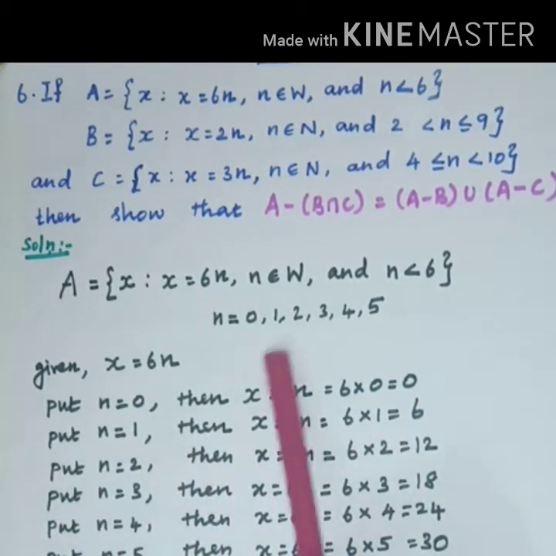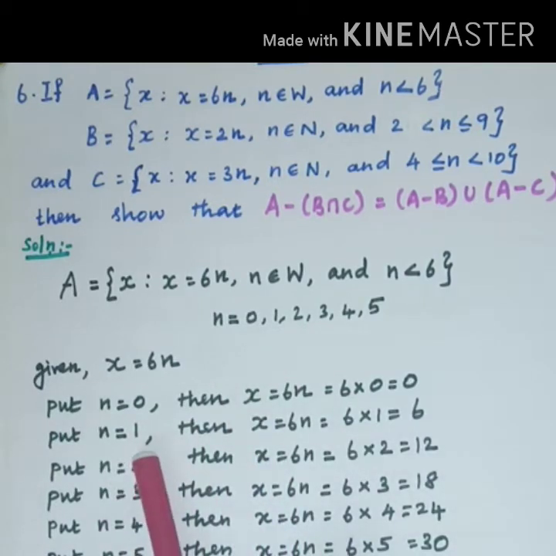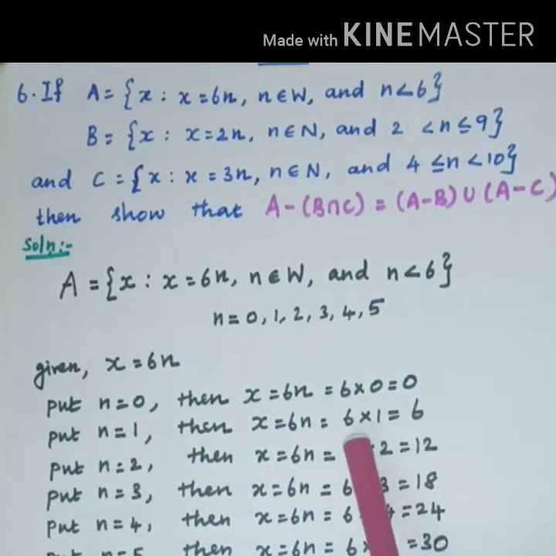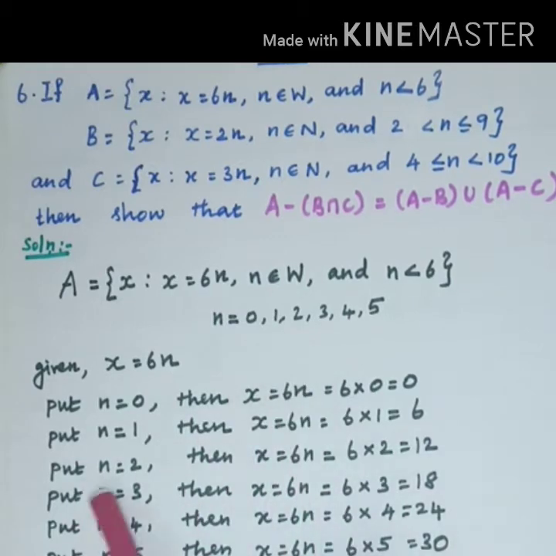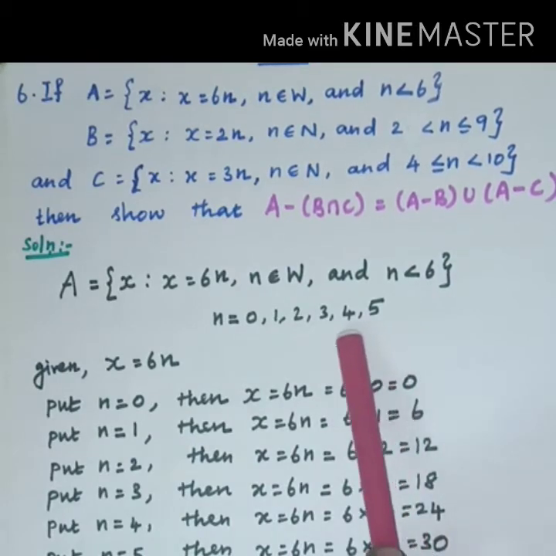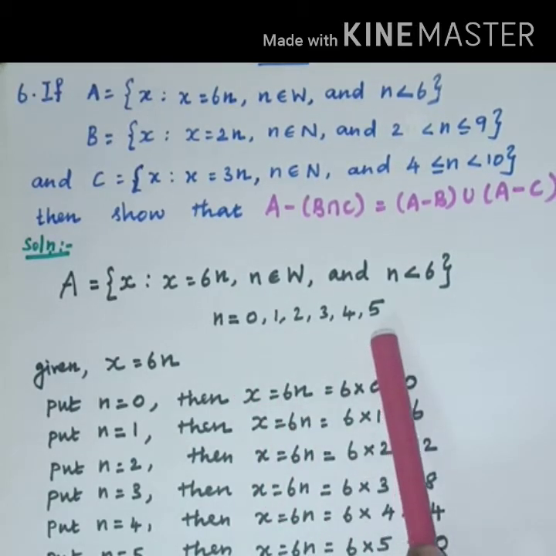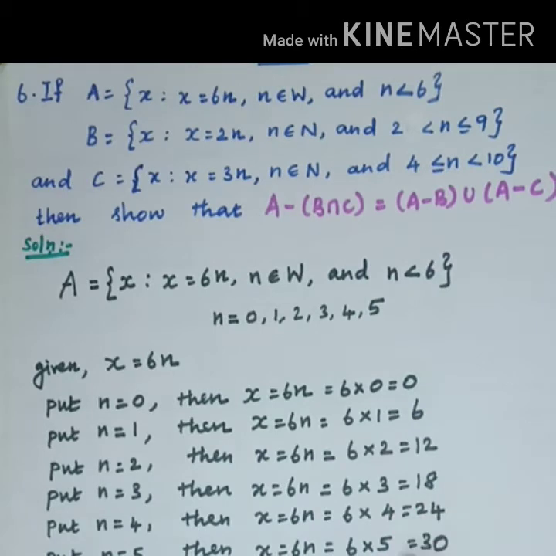And then next you have to substitute n is equal to 1. So 6 into 1, 6. 6 ones are 6. And then substitute n is equal to 2. 6 twos are 12. So similarly you have to substitute all the values for n. So you will get the x values as 0, 6, 12, 18, 24, 30. These are the elements of A.